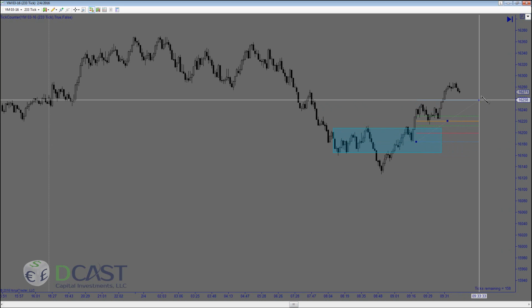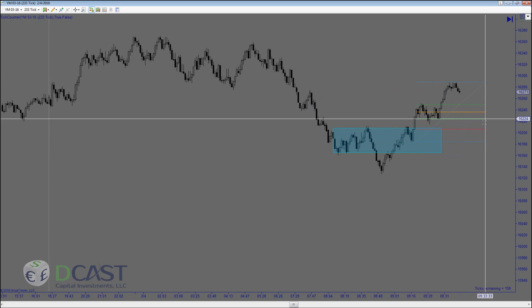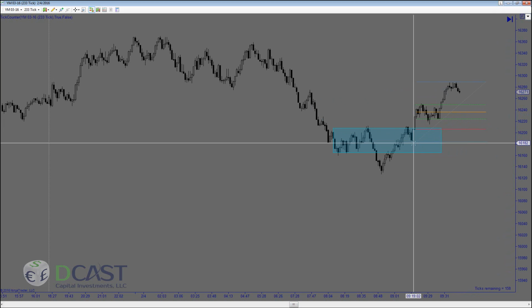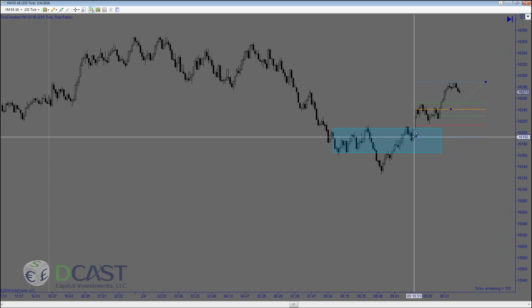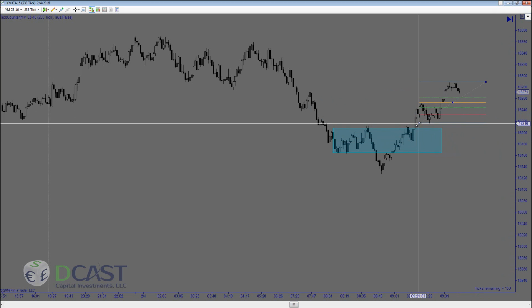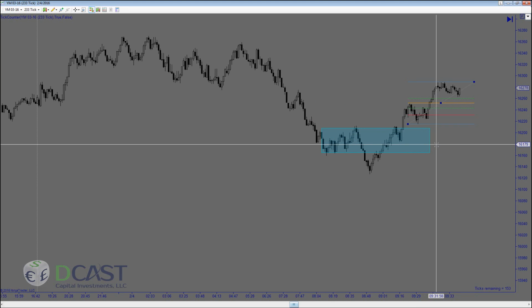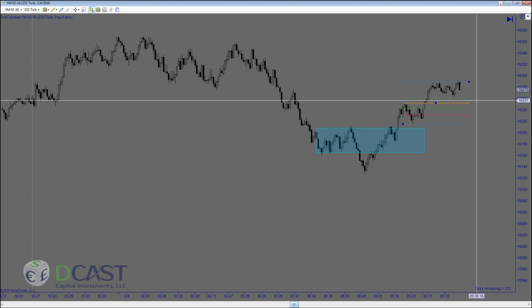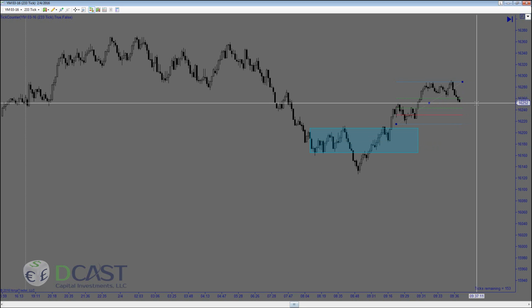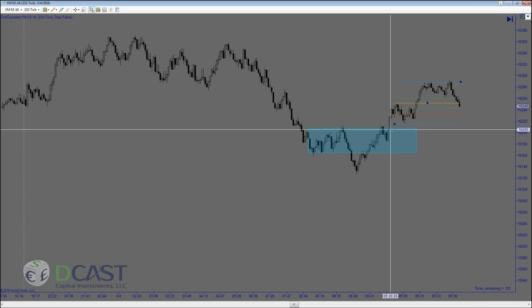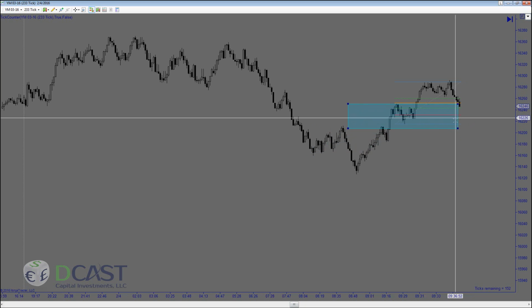Draw. Okay. Price is not really getting back, so now we're starting to see some of that structure area that we're interested in here.